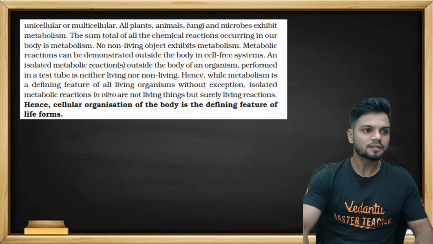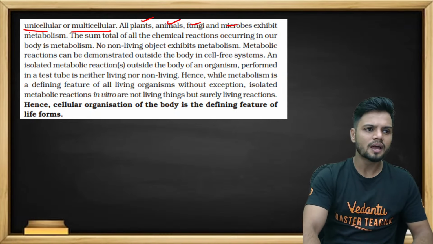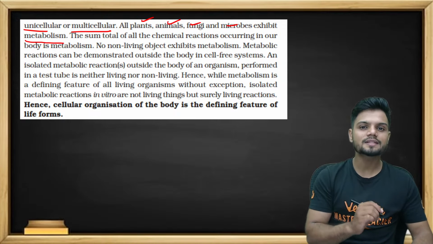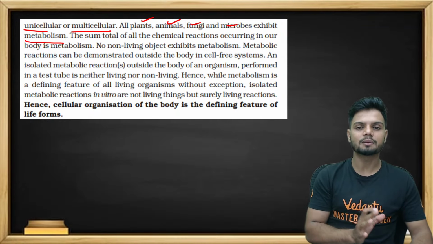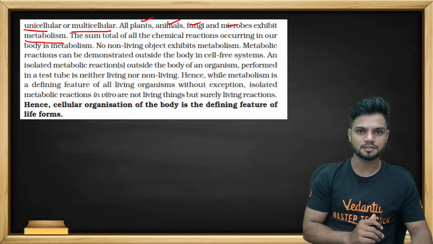They could be unicellular or multicellular. All plants, animals, fungi, microbes exhibit metabolism. That is, there is no exception here. Every organism will show metabolism, and no non-living thing will ever show metabolism.